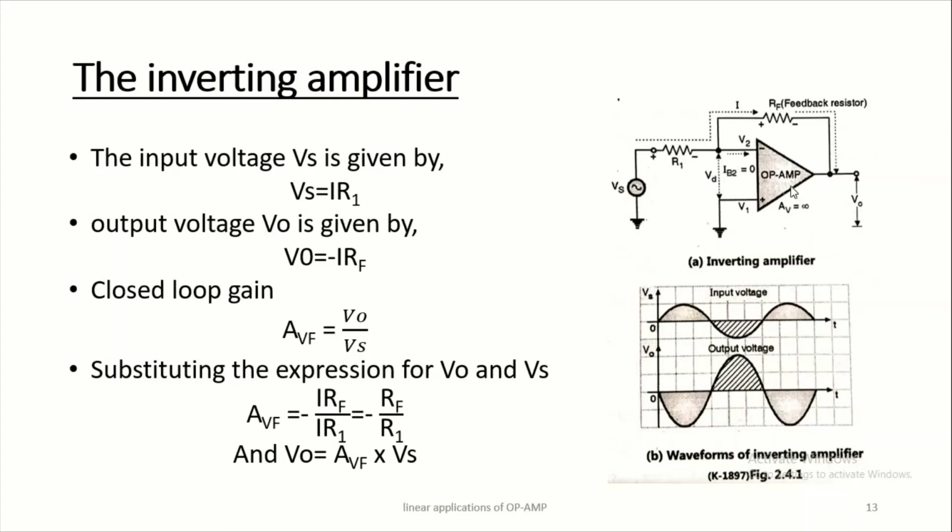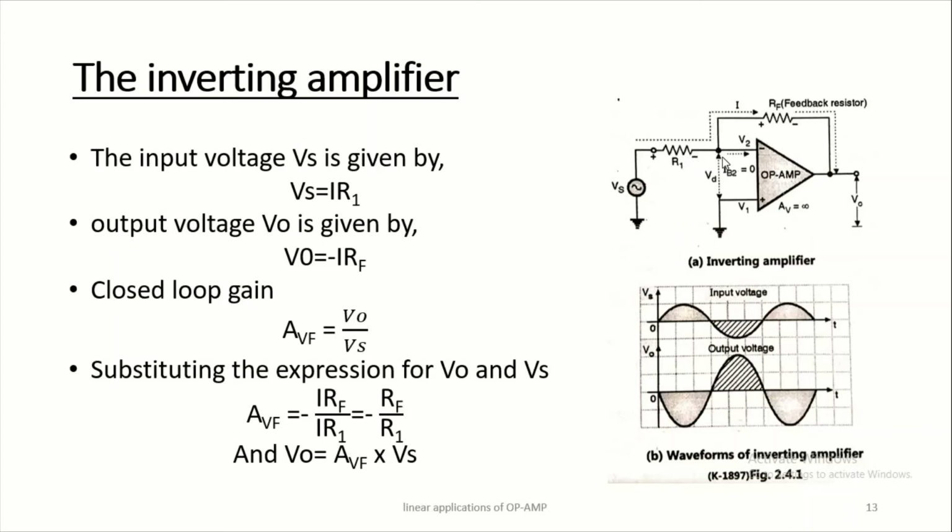Since the input resistance Ri is infinity, the current going into the op-amp is 0. Therefore, the current I that passes through R1 will also pass through Rf.